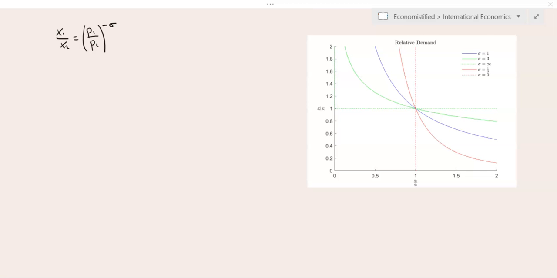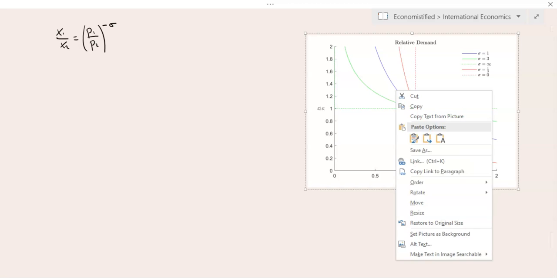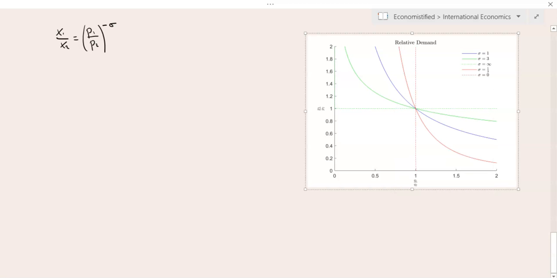On the right here, I've drawn this relative demand curve for various different sigmas. When sigma equals 1, we get this nice symmetric curve, the blue curve. When sigma is greater than 1, we have a flatter curve. So for example, if sigma is 3, we get this bold green line here, which is a slightly flatter relative demand curve.